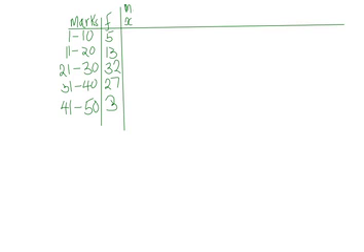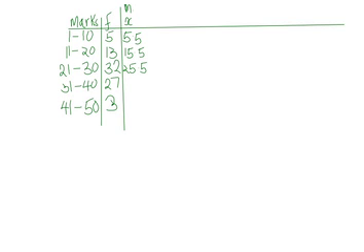So for the first class, we have 1 plus 10, which is 11, divided by 2, 5.5. The second one, we have 11 plus 20, 31, divided by 2, 15.5. So the next one will be 25.5. You can confirm from your calculator.